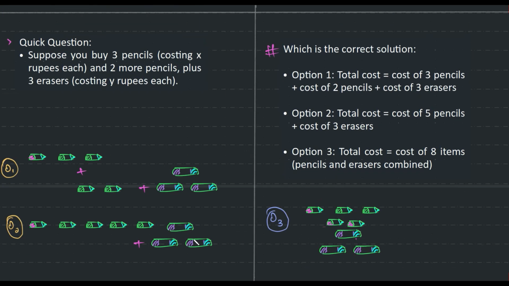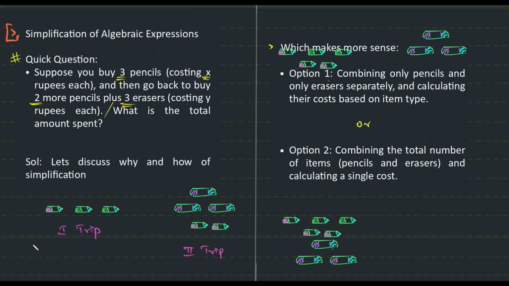Well, let me tell the answers over here. Option 1 is combining only pencils, so this or this. Option 2 is combining all the items, multiplying with 15 or something like that. Answer is option 1, separating the items and then adding them. Does it make sense?